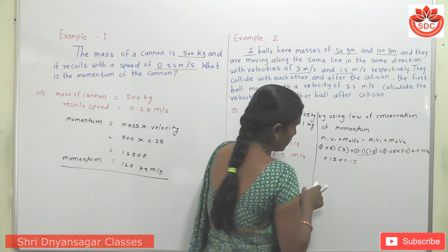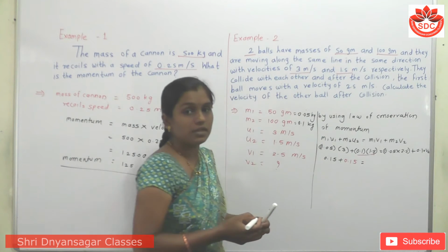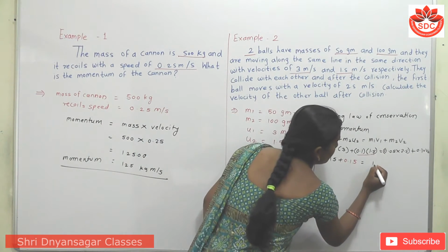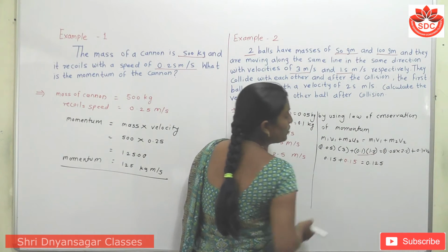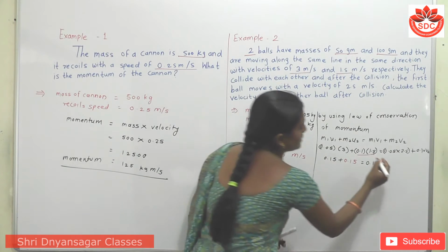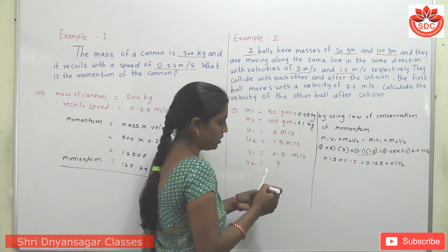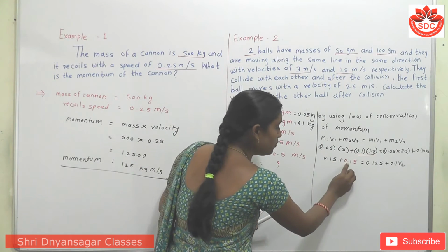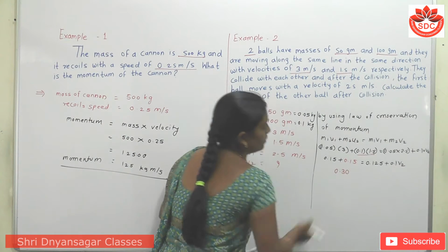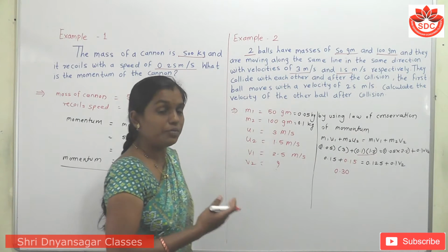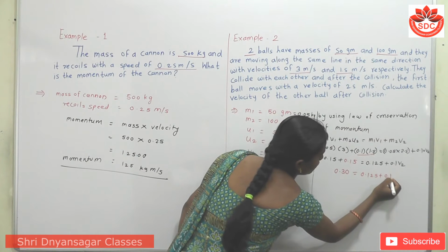Again here 0.05 into 2.5: 25 fives are 125, with three decimal points, so we write 0.125, plus 0.1 into v2. Now 0.15 plus 0.15 is 0.30, so we can also write it as 0.3. Then it is 0.125 plus 0.1 into v2.